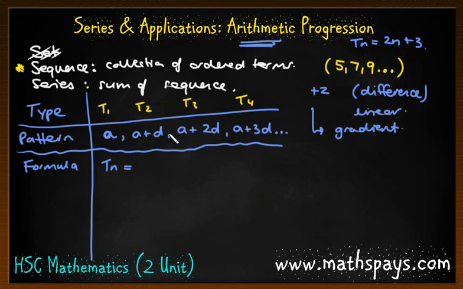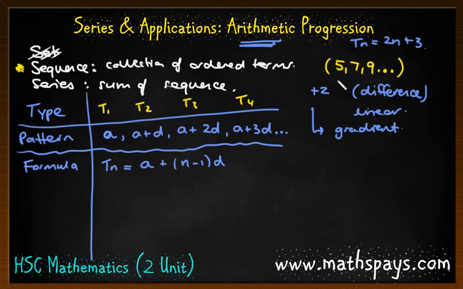It's not the plus number that's going on, it's actually the A. Then what's happening each time: for the second term I've got 1D, for the third term I've got 2 Ds, for the fourth term I've got 3 Ds. So what I've actually got is one less than the number of terms, lots of Ds.